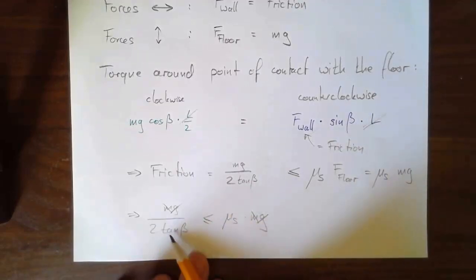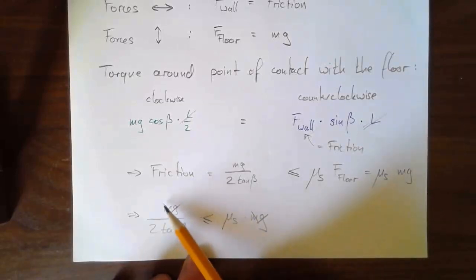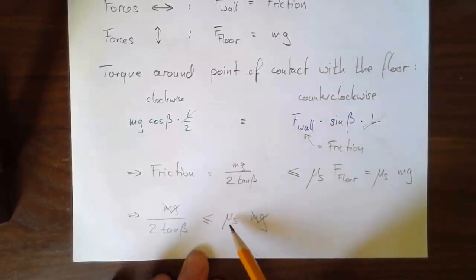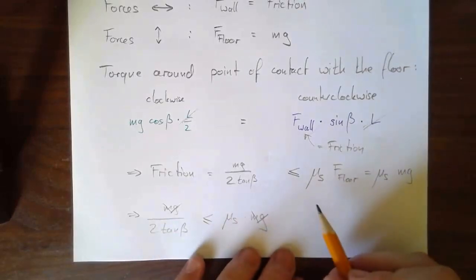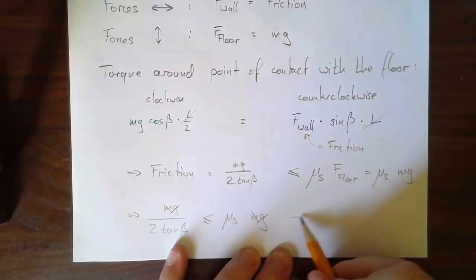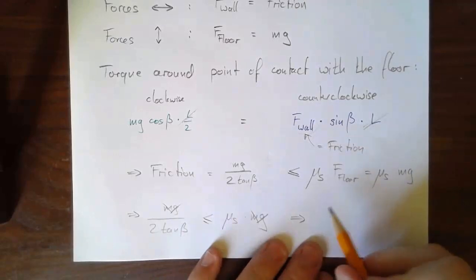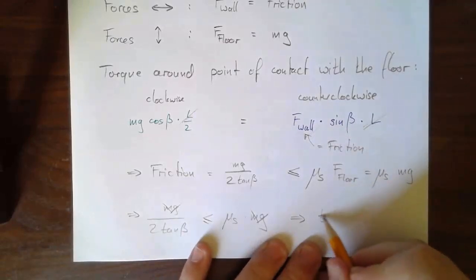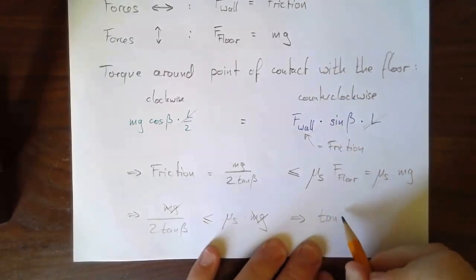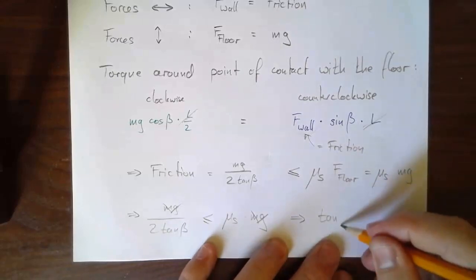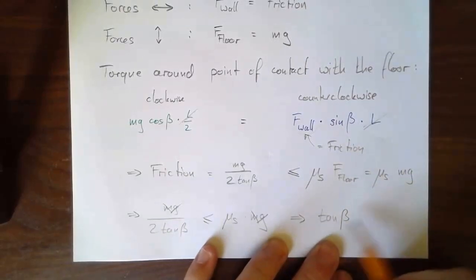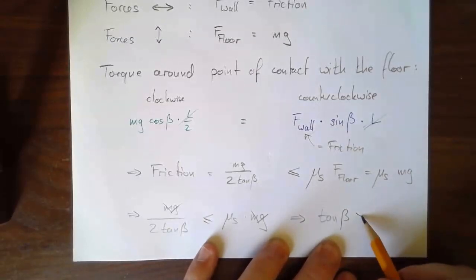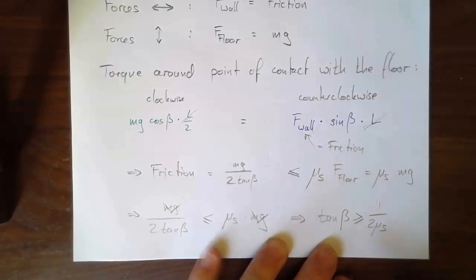So I've got that 1 over 2 tan beta is smaller or equal to mu s. So what does that imply? This implies, let's rearrange this, that tan of beta, which is going to be a positive number because beta is between 0 and 90, is greater or equal to 1 over 2 mu s.